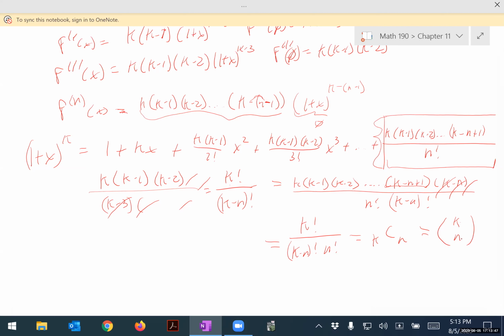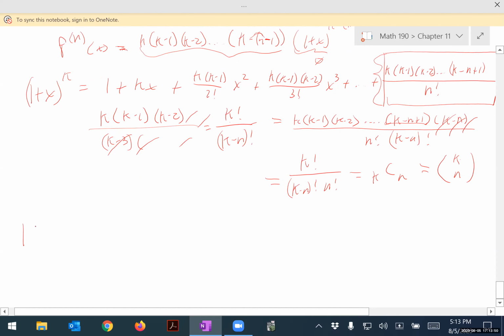Okay, and so how would I write this out? 1 plus x to the kth power is going to be equal to 1 plus kx, plus k times k minus 1 over 2 factorial x squared, plus k times k minus 1 times k minus 2 over 3 factorial x cubed, plus dot dot dot forever.